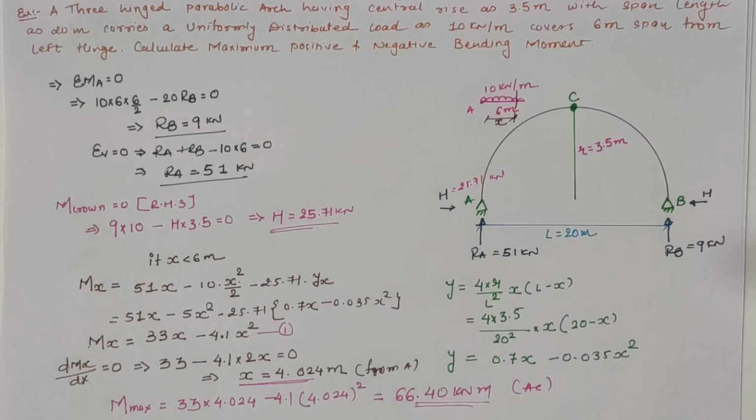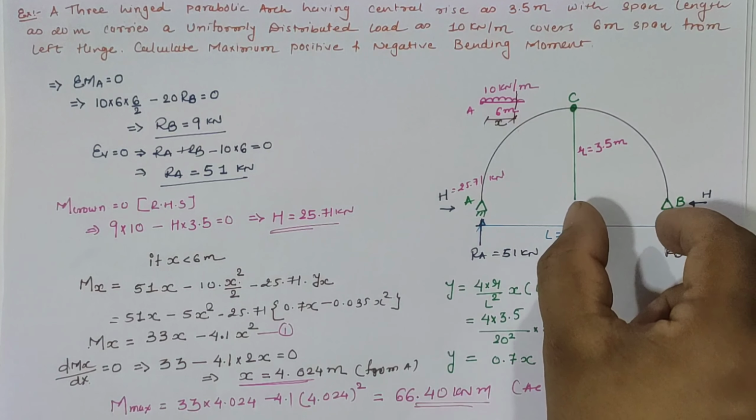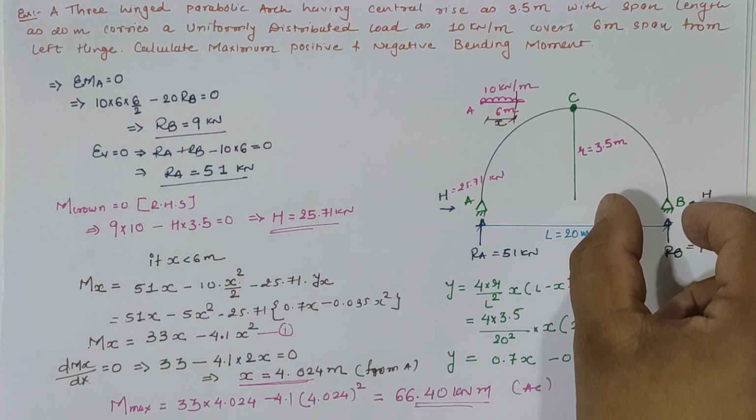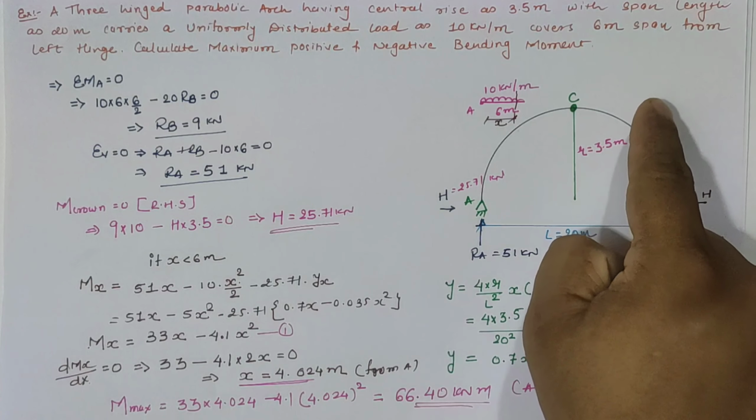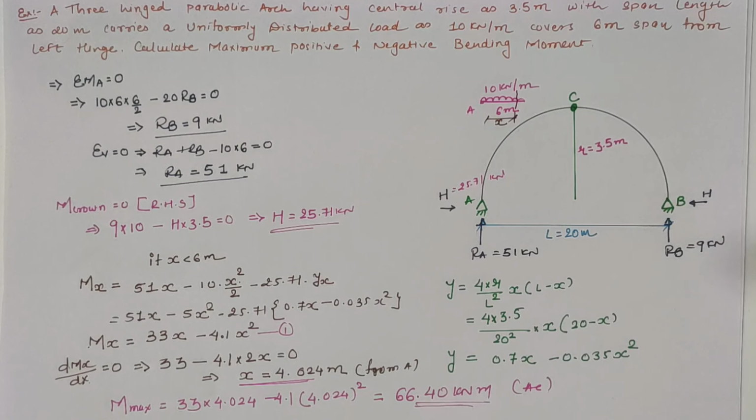Now let us go ahead with the calculation of the maximum negative bending moment in span CB, which is the non-loaded part. It is obvious that at mid span we will have the maximum negative bending moment, but we are going to calculate the location of the maximum negative bending moment.